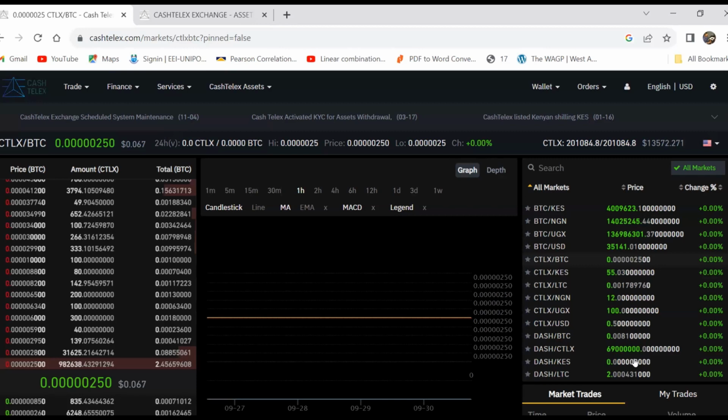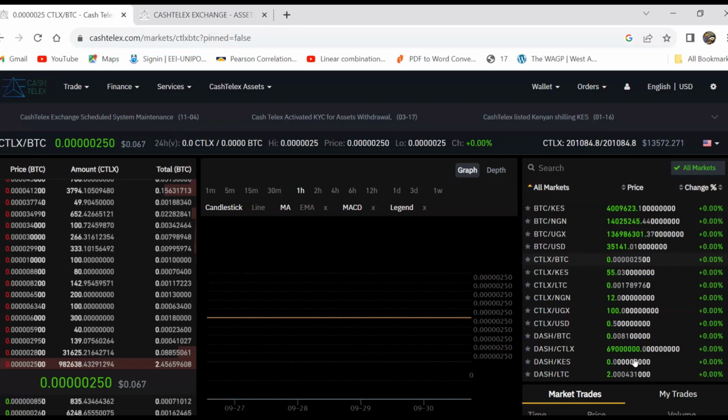Then, if there is time, I'm going to tell you briefly how you can transfer your CTLX to another CTLX account, or how you can withdraw your CTLX into BTC. You can't bring out your CTLX directly; you only pair your CTLX with Bitcoin. So we're going to get to that.